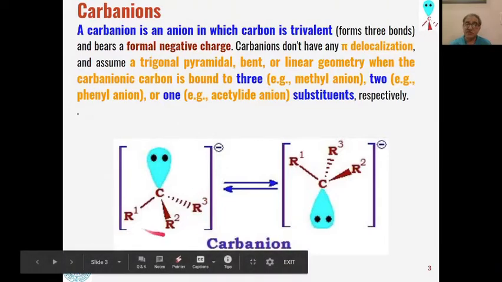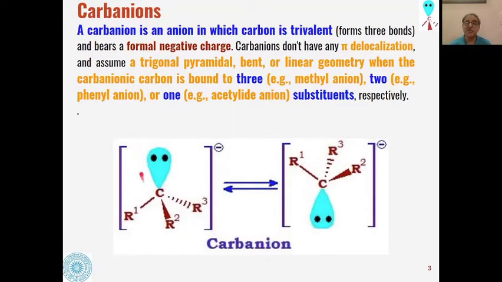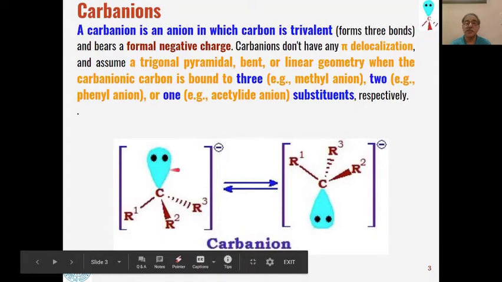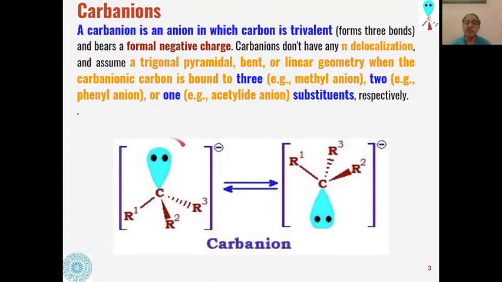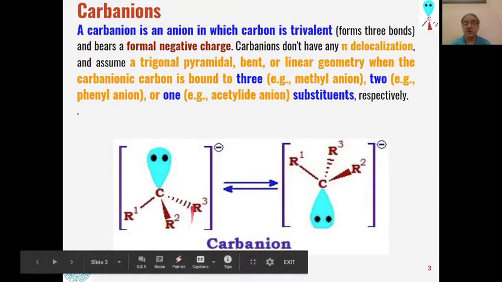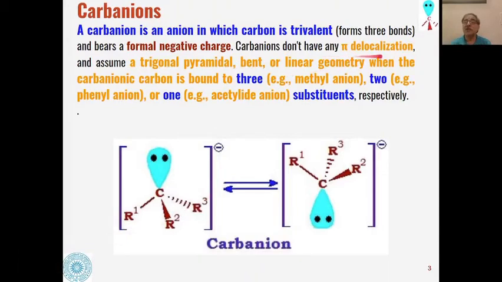If you see this, there are three groups attached to the carbon, and there is an unshared pair of electrons present, whereby the octet of electrons is complete, but there is a formal negative charge present on this carbanion, and they do not have any pi delocalization.